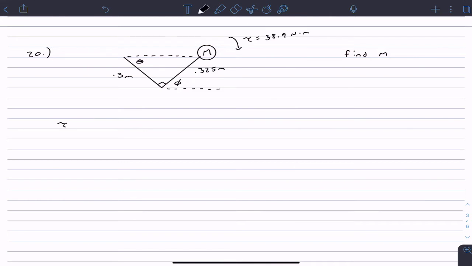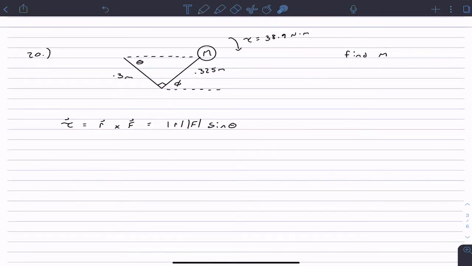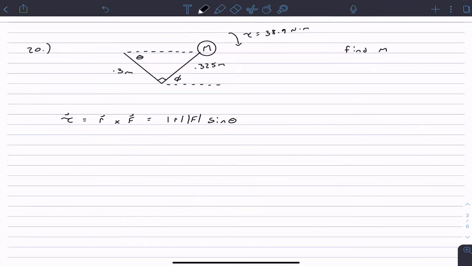So here, recall that this is the relationship, of course. At this point, we should all be tired of seeing this, but that would be a good thing, because that means you're learning it. So let's see. We are told that torque is 38.9 Newton meters.